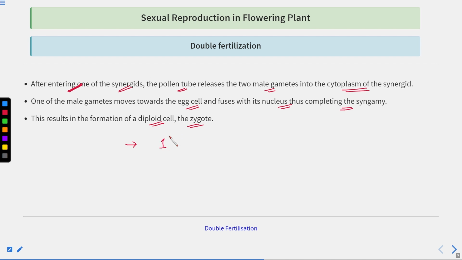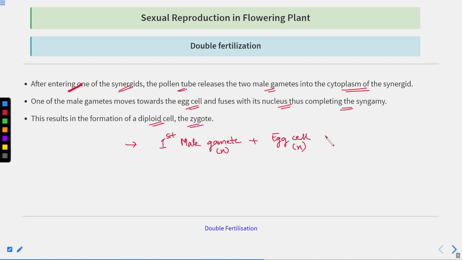We are talking about the first male gamete here. It fuses with the egg cell. Okay, so both are haploid. The male gamete is haploid, the egg cell is haploid. All the cells of the embryo sac are haploid.